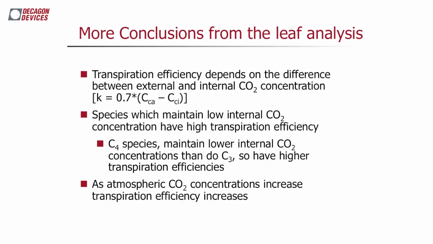That leads us to a discussion of, for example, C4 plants, which have a very low internal CO2 concentration compared to C3, so C4 plants have a higher transpirational efficiency. And obviously, one consequence of our increasing atmospheric CO2 is that we are going to increase transpirational efficiency in these plants.